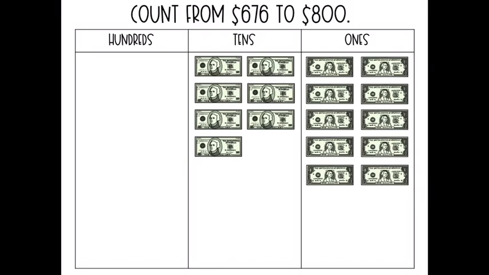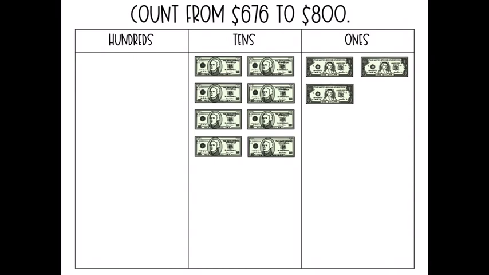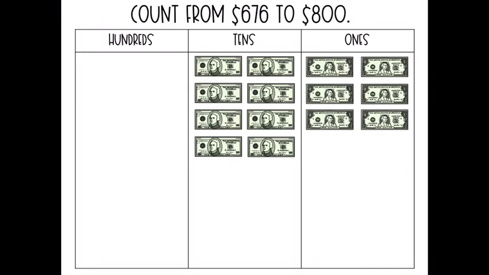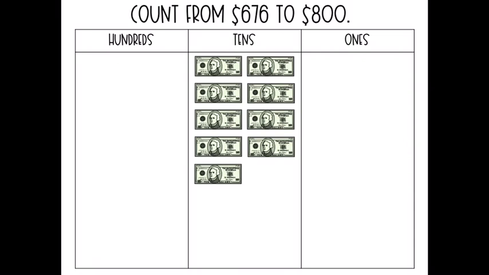We have 10 ones, so let's make a 10. 757, 758, 759, 760, 761, 762, 763, 764, 765, 766. All right, we made 10 ones, so let's build a 10.